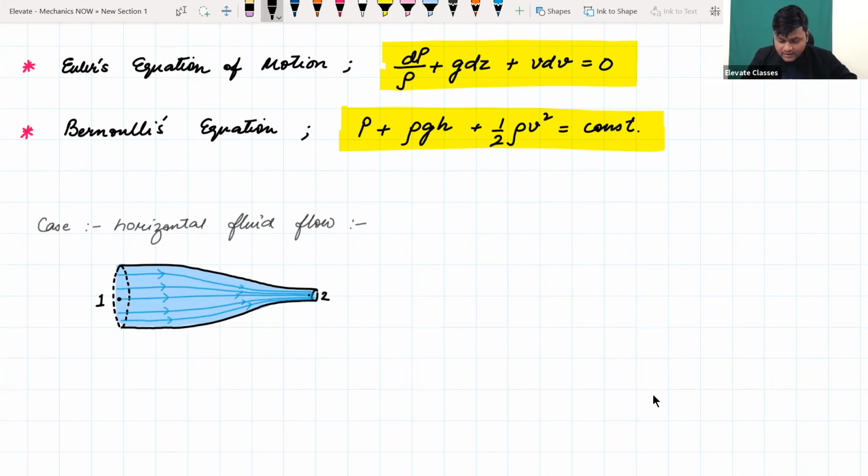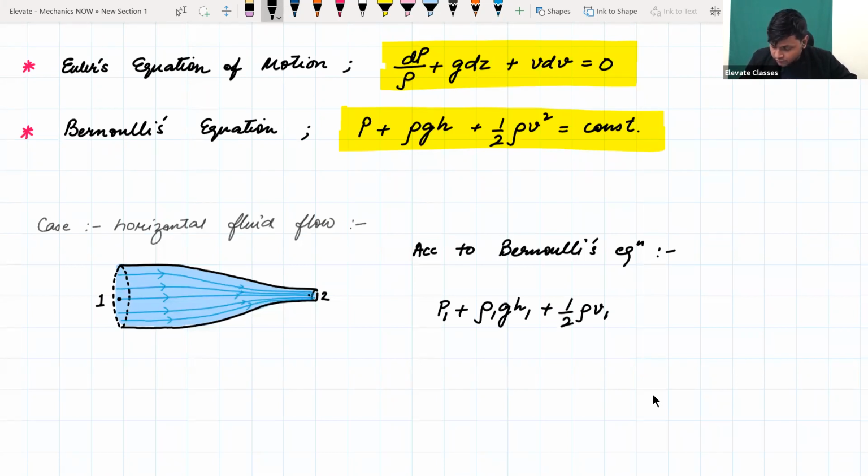If I apply Bernoulli's equation in this kind of fluid flow, then according to Bernoulli's equation, the static pressure at point 1, plus the gravitational pressure rho 1 g h1, plus the kinetic pressure half rho v1 square, is equal to p2 plus rho 2 g h2 plus half rho 2 v2 square.